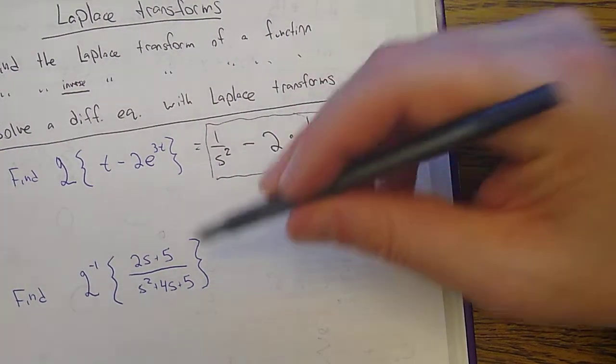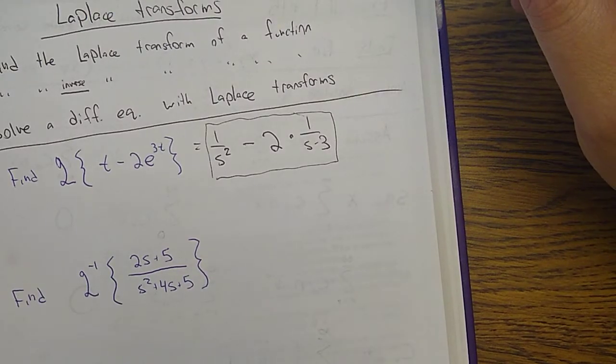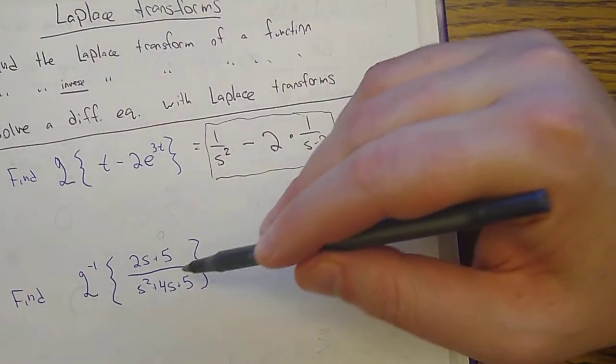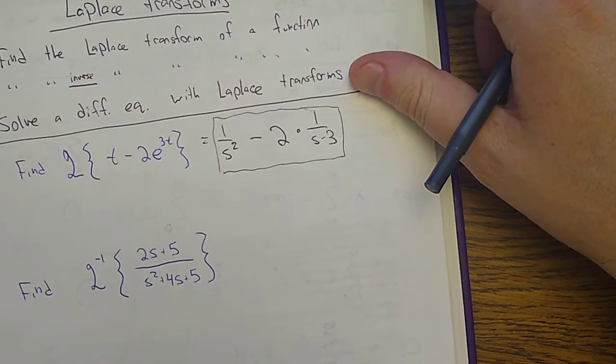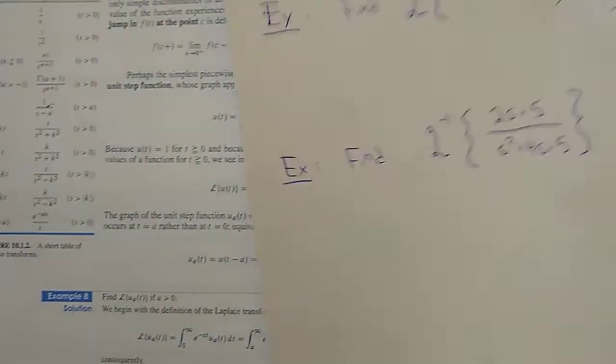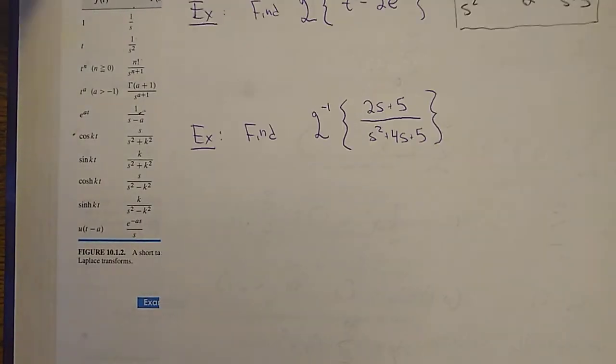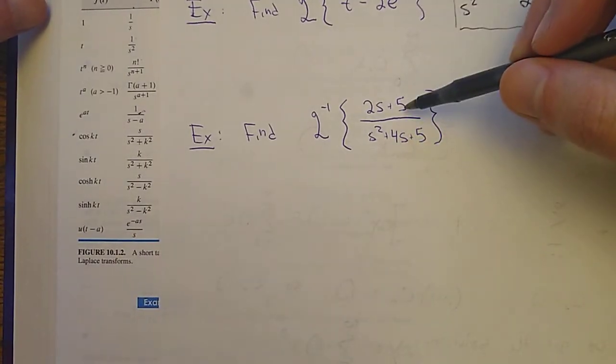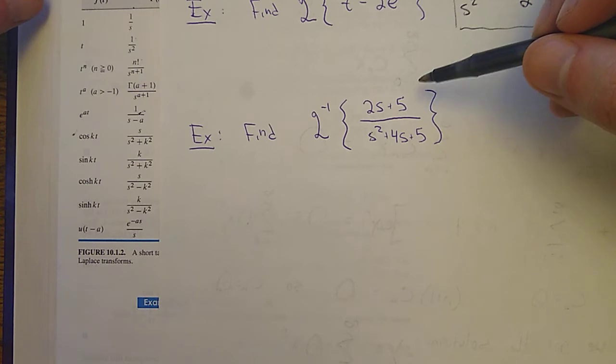There's also finding an inverse Laplace transform, like this. Now, again, you are going to have this chart, but then what if we're looking at something that doesn't quite look like anything on the chart?